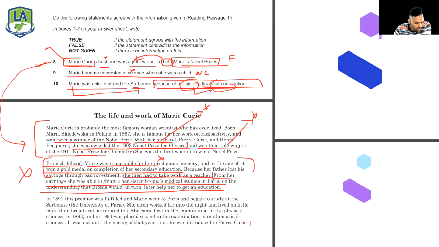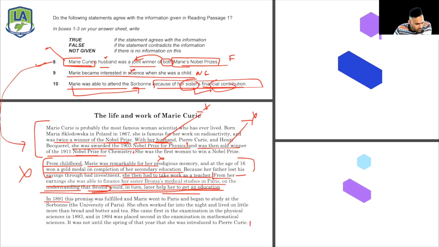So she was able to finance her sister in Paris on the understanding that Bronnier would in turn later help her. So first, Marie Curie helped her sister to study in Paris on the understanding, means on this condition, you can say that her sister will later help her in education.